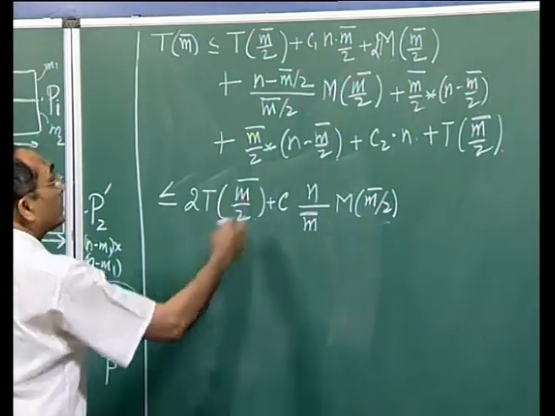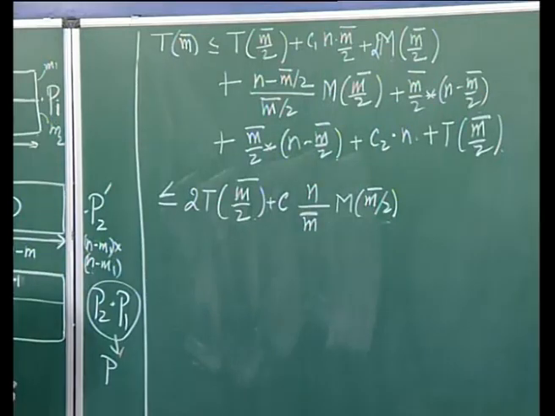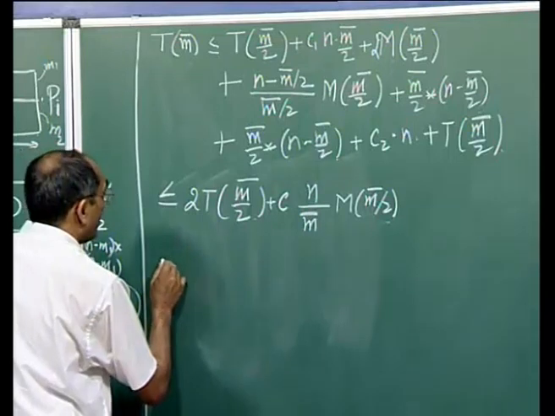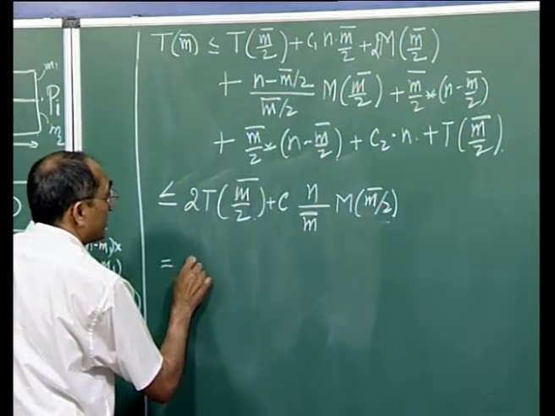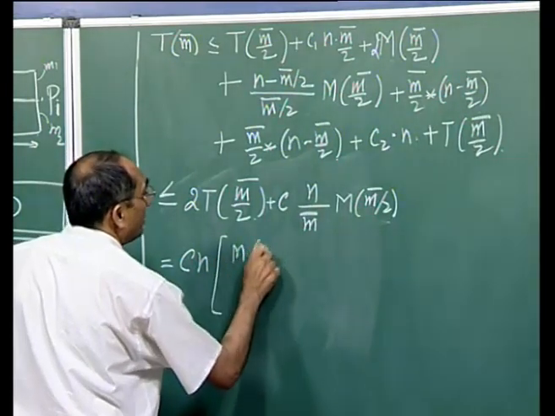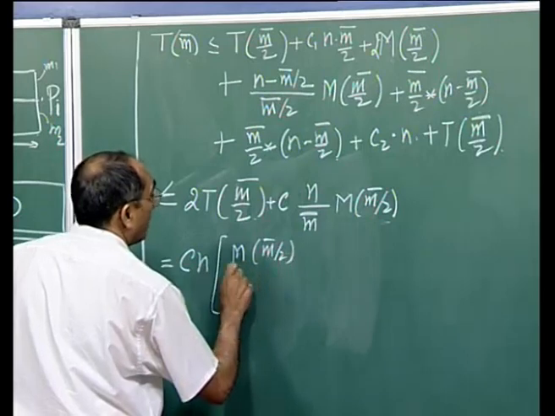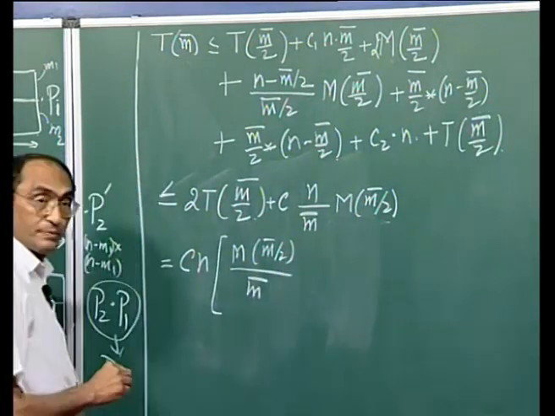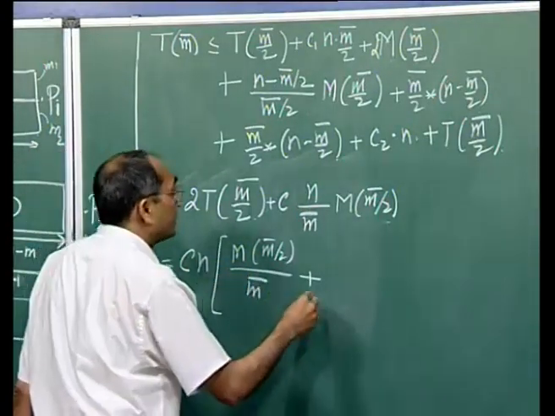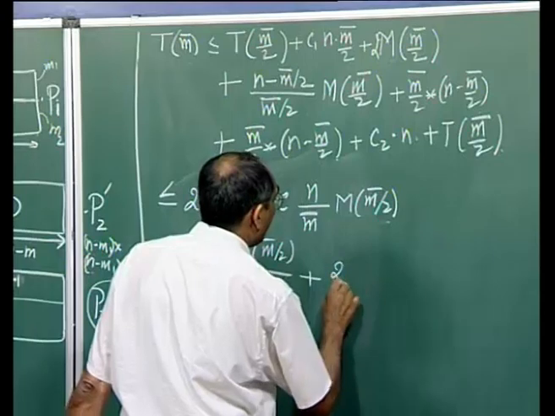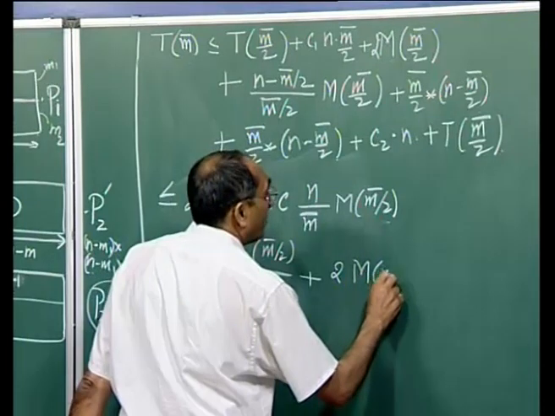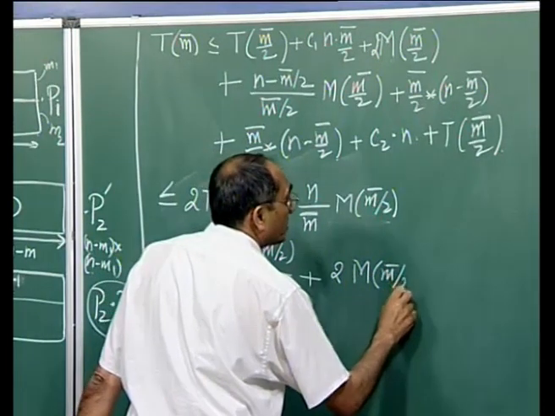Now all we have to do is simplify this and solve for the value of T of m bar. So if I expand this, I am going to get C n over m bar, times m bar by 2, plus 2 of the lower size. So there will be a 2 here, and this will be replaced by m bar by 2 square.